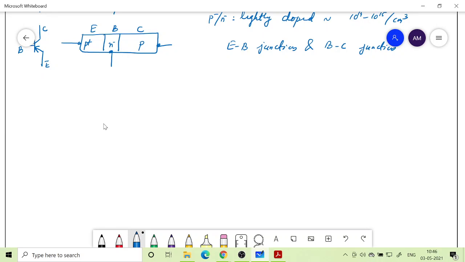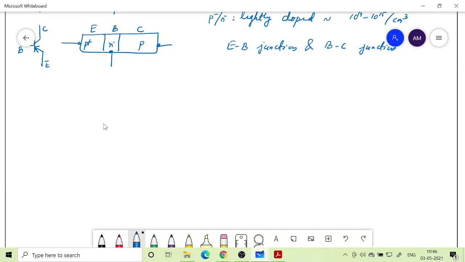But for the purpose of the amplifier, we will majorly focus on one type of external applied voltage, that is, to make the emitter base junction forward biased, and the base collector junction reverse biased.